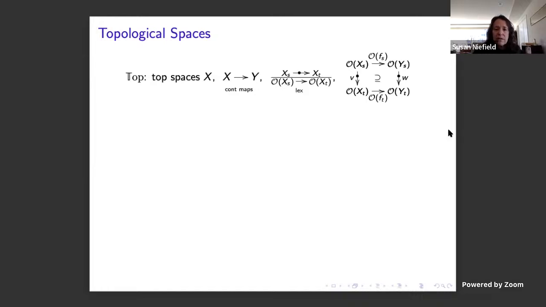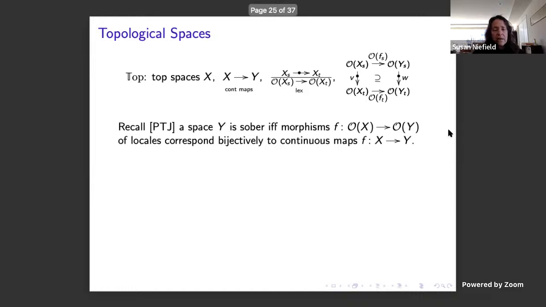Okay, so let's recall the definition of a sober space. Actually, it's not the definition, it's the property: a sober space is one where every irreducible closed subset is the closure of a unique point. But it's not important to note that that's the definition. That comes from algebraic geometry.